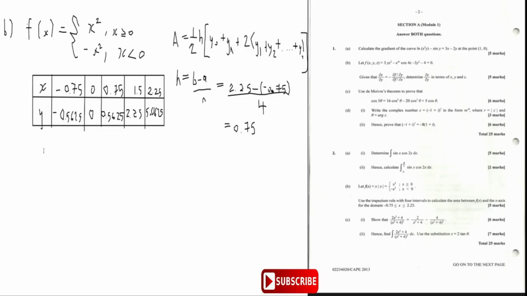Okay, now let's go. Area. So the area is equal to, remember it's a half h, so it's going to be 0.5 times h. h is 0.75.